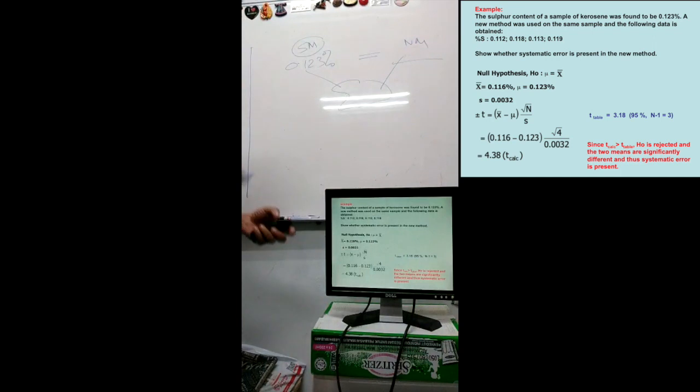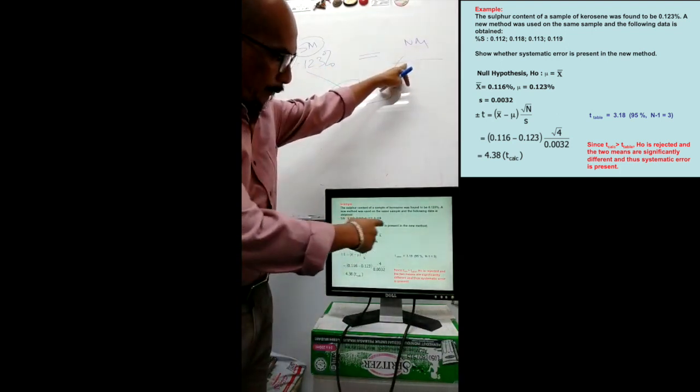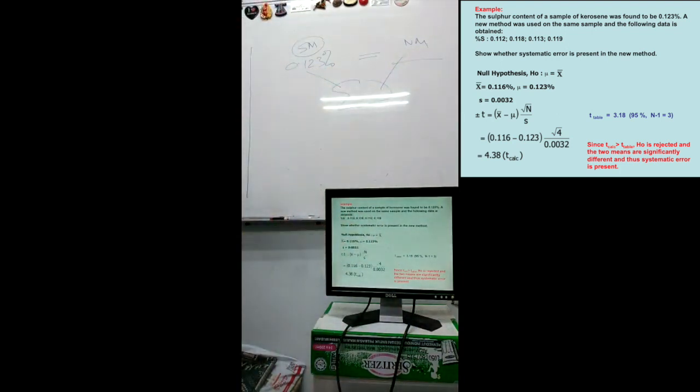We compare by using the t-test. So what do we need to do? The null hypothesis: mu is 0.123%, and x we have to calculate from the data here. x is 0.116 and mu is 0.123.